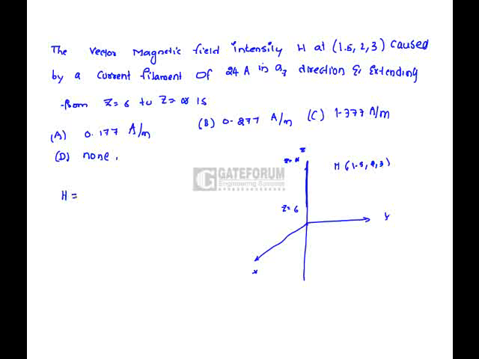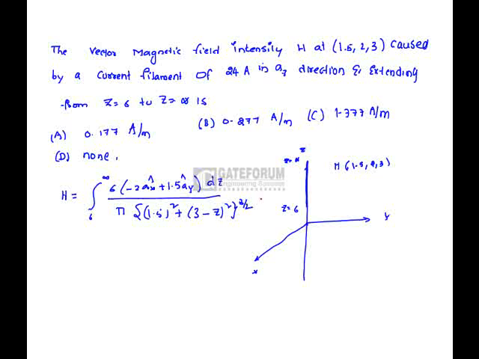H is the integral from 6 to infinity of (minus 2 AX plus 1.5 AY) dz divided by pi times (1.5 squared plus (3 minus z) squared) to the power 3 by 2. If we solve this integral, we will get the magnetic field intensity as 0.177 amps per meter. Hence option A is correct.